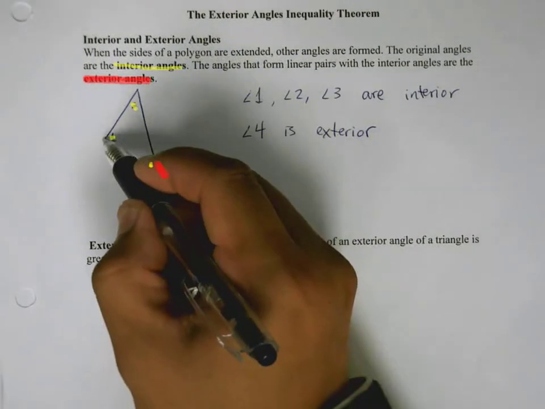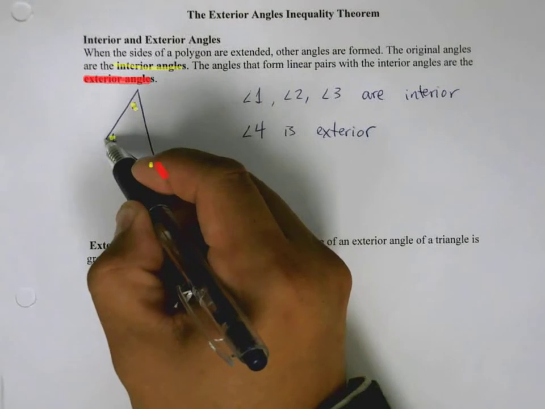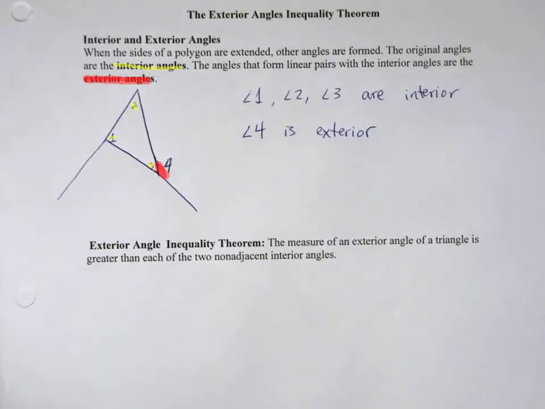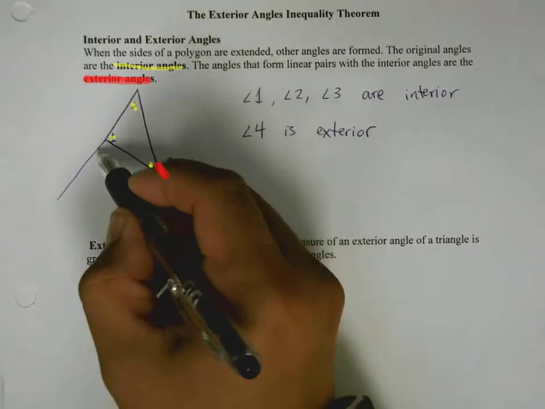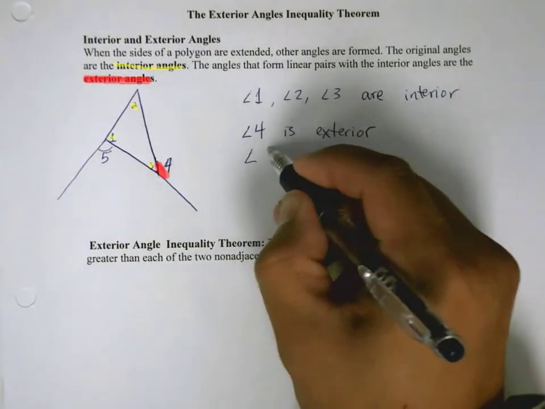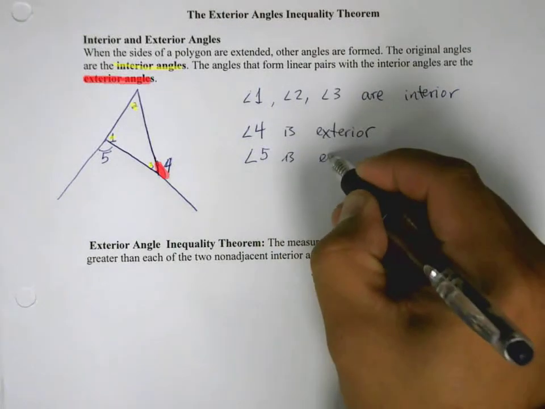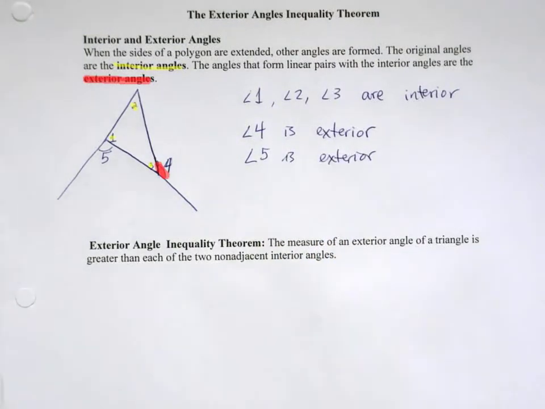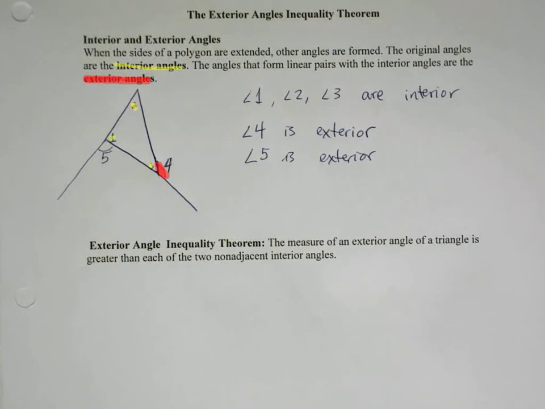So if I pick this side here to extend, if I pull this down here, well, then I have another angle here. This is angle 5, and that is also exterior. So there you have it, just a very basic definition.